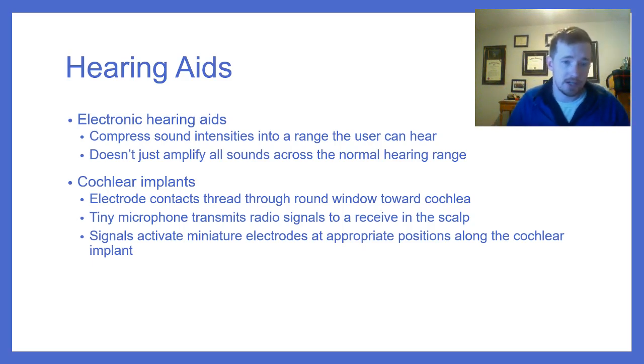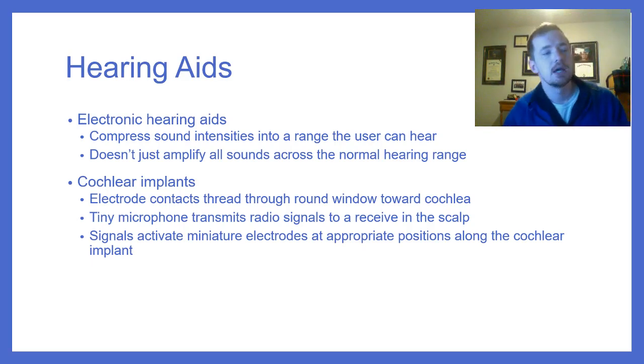So those electronic hearing aids, which I'm sure you've seen before, don't amplify sound universally. Instead, these particular hearing aids amplify certain ranges of sounds, and specifically they are amplifying the sound of normal conversational pitches.